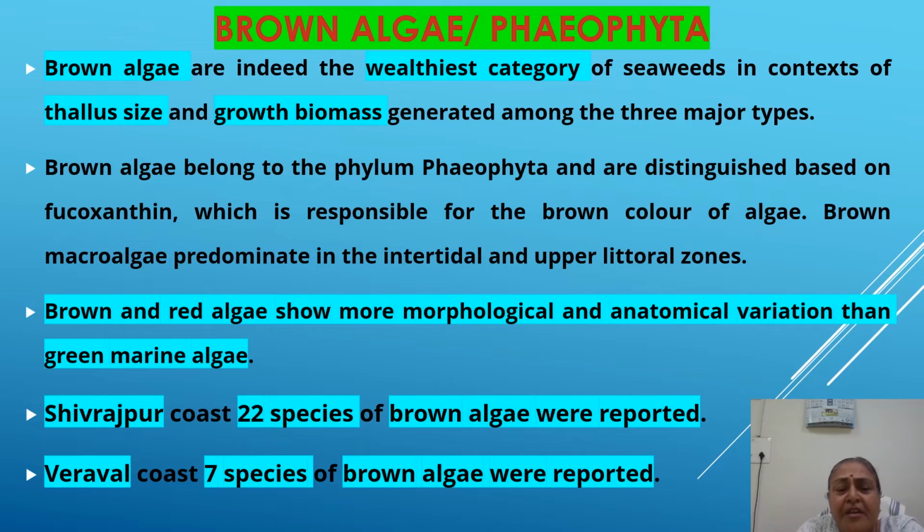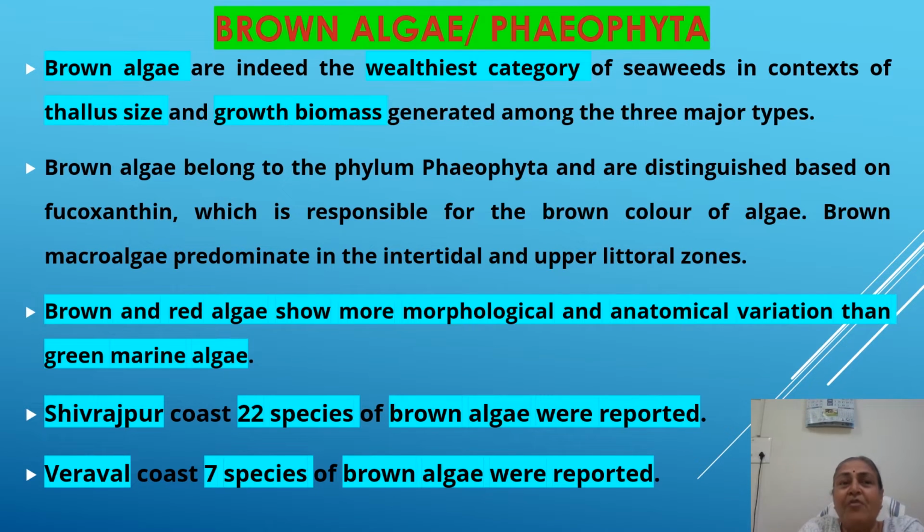Brown algae belong to the phylum Phaeophyta and have a distinguished type of pigment known as fucoxanthin, which is responsible for the brown color of the algae. Brown macroalgae are predominant in the intertidal and upper littoral zones. The brown and red algae show more morphological and anatomical variation than the green marine algae.